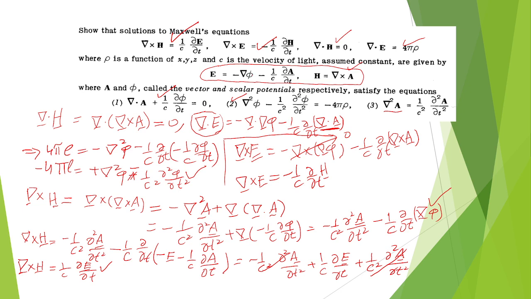But you see, phi and A are general, so you have to take some particular function for these phi and A. Let's discuss one particular and very simple set of function phi and A.